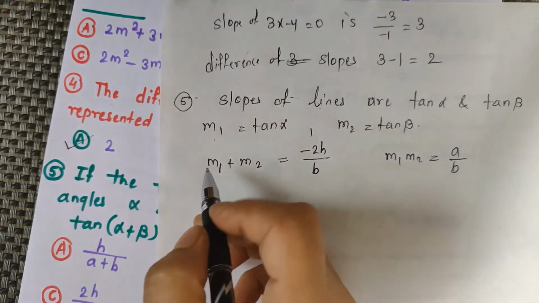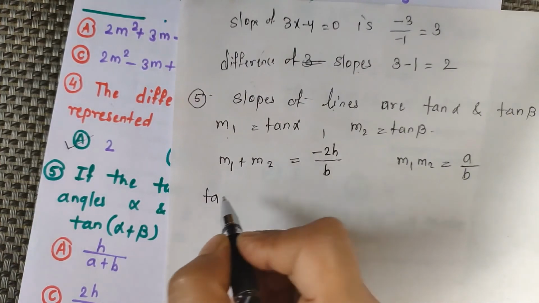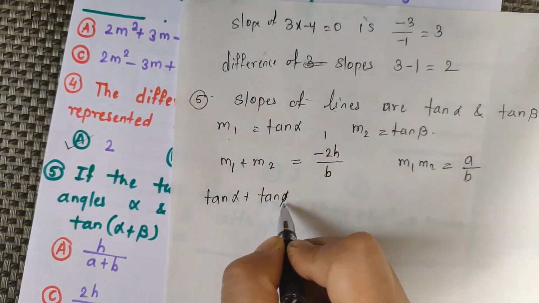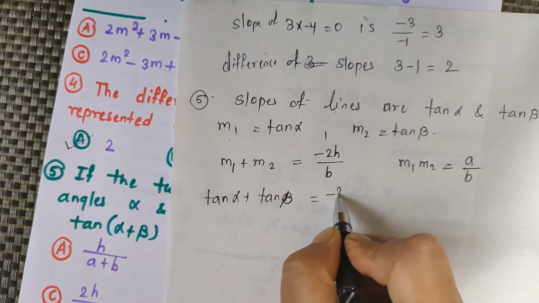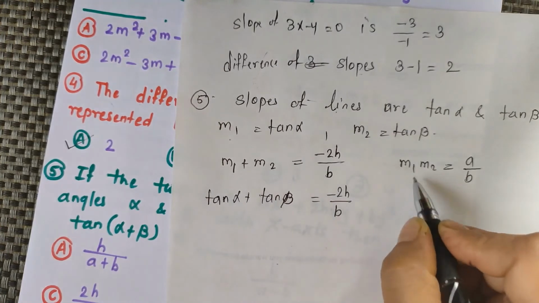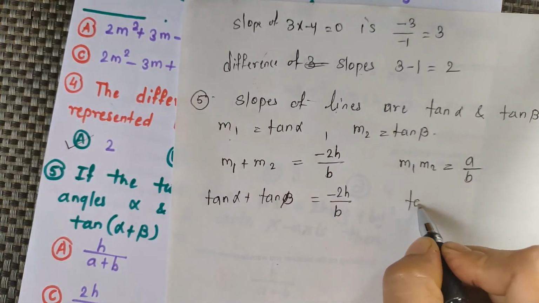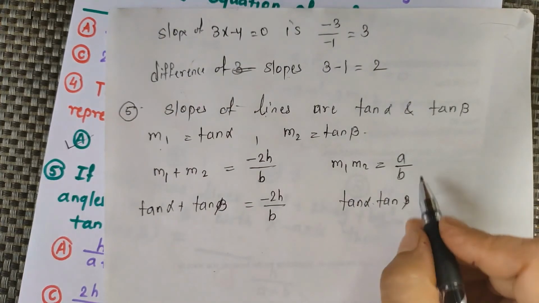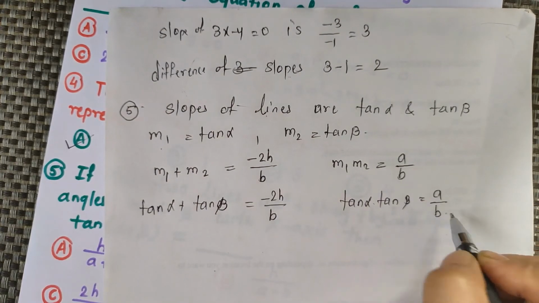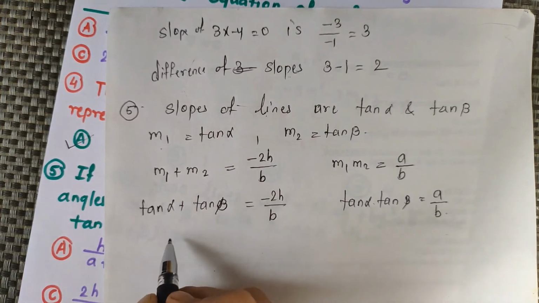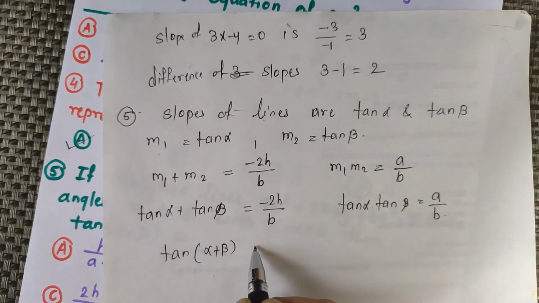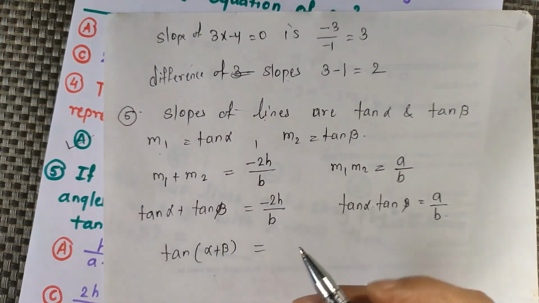That is, here m1 is tan alpha plus m2 is tan beta is equal to minus 2h upon b, and the product of the slopes tan alpha into tan beta is equal to a upon b. And we have to find out tan alpha plus beta.